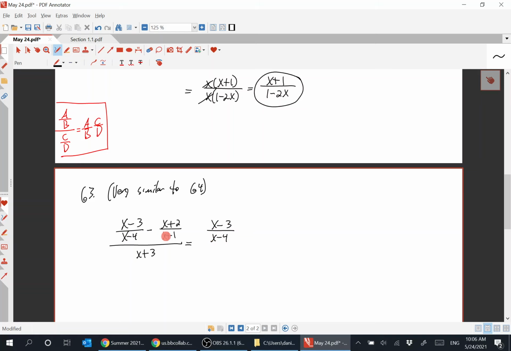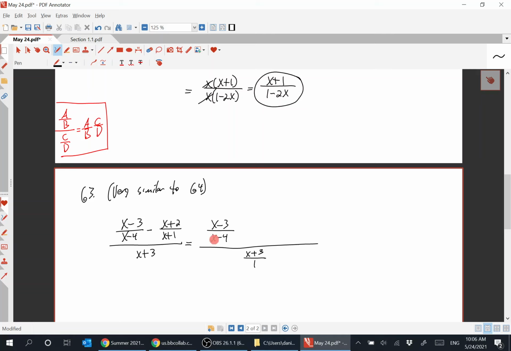What factors do you see on the bottom of these two fractions here? And this down here is just going to sit there for a little while. We're not going to be able to do anything with it yet. I've got a factor of x minus 4 and a factor of x plus 1. So a common denominator would be x minus 4 times x plus 1.